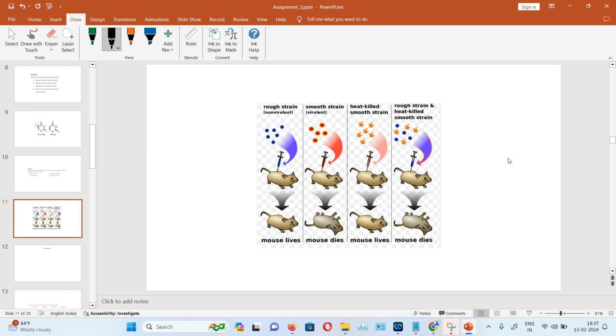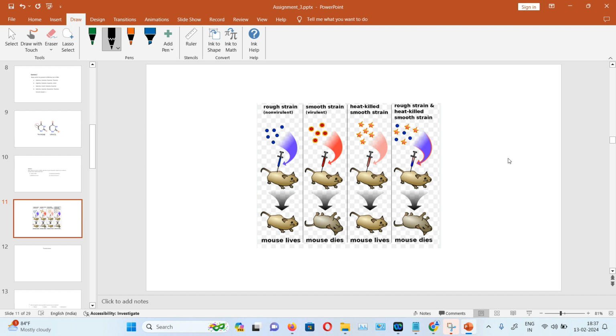DNA is a more stable structure, so even when the bacteria got destroyed by heating, that DNA remained unaffected and was successfully transferred inside the rough strain bacteria, and it made it capable of withstanding the immune system of the body.